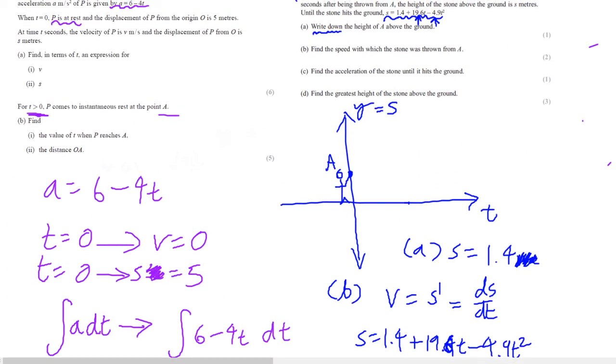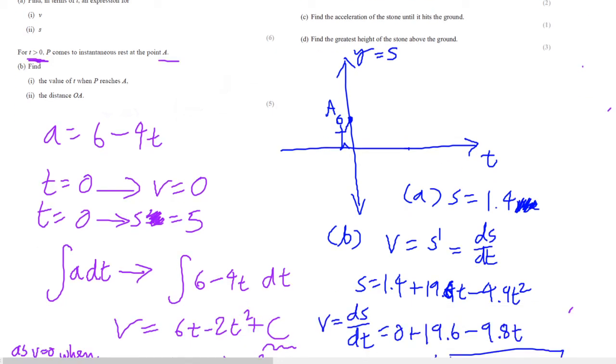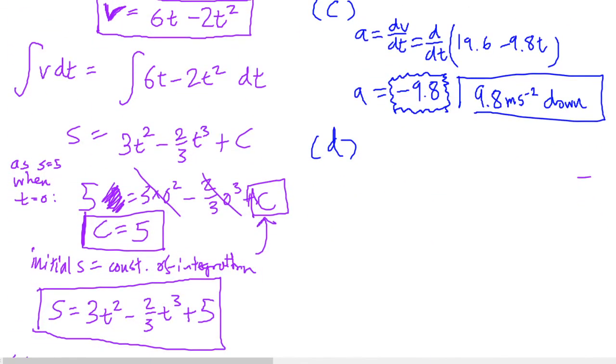And finally, D, find the greatest height of the stone above the ground. Well, ultimately, it's a quadratic graph with a negative squared coefficient, minus 9.8, or rather minus 4.9, negative a, as you might know from the form of the quadratic equation at squared plus bt plus c.